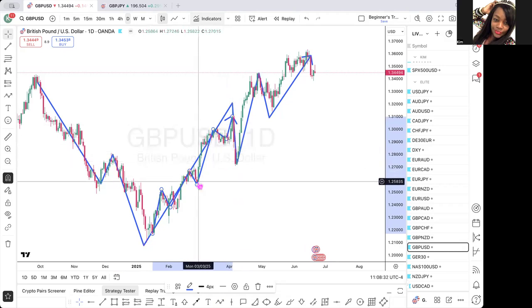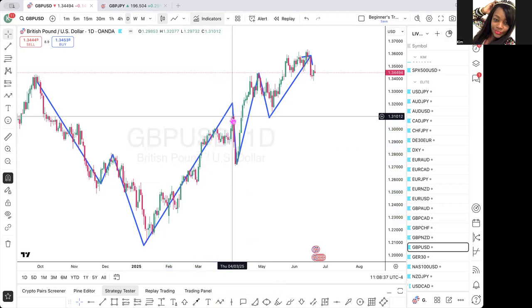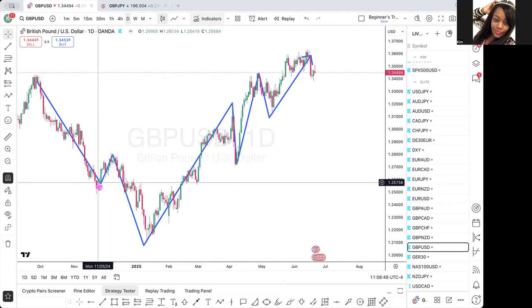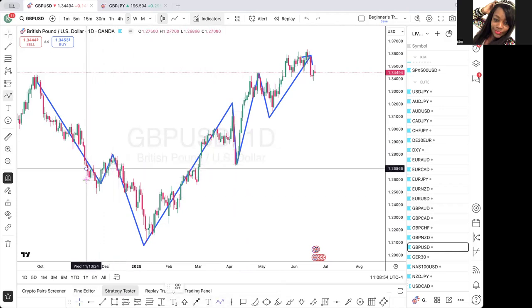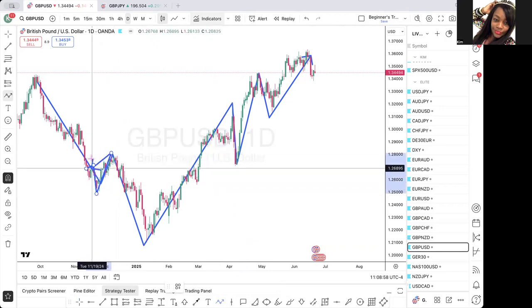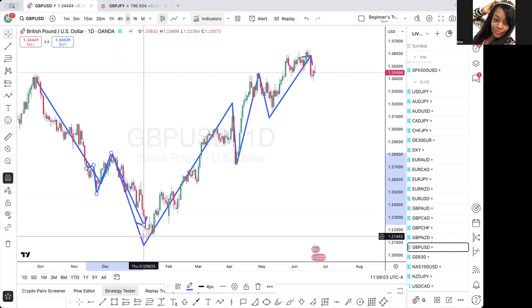Maybe this will help y'all understand. Whenever you have a pullback and it's breaking, you see this internal move right here. And then price broke that high and then turned around and broke that low. That is more of a swing.